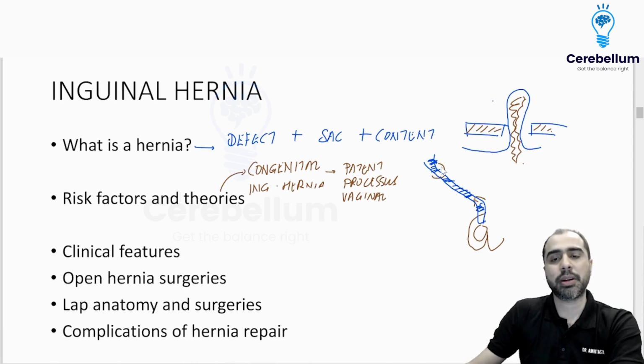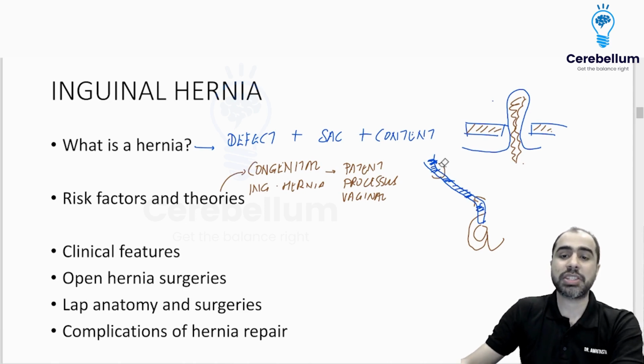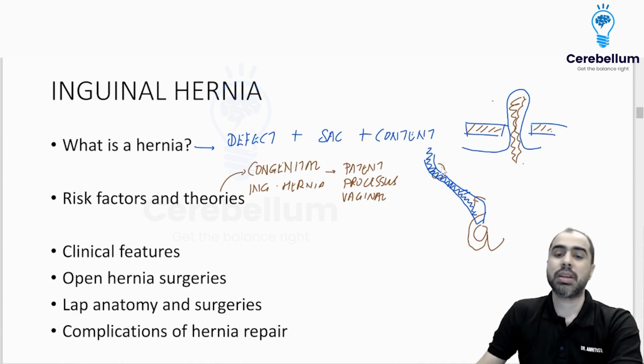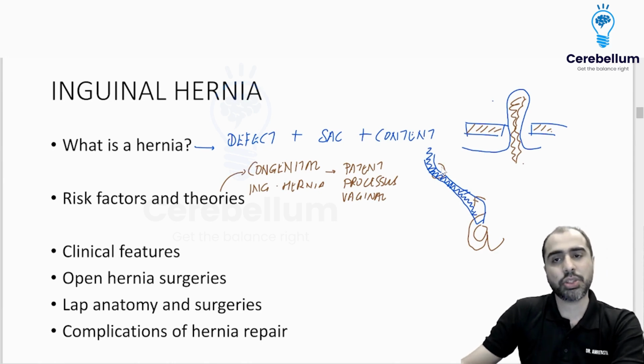If the processus vaginalis doesn't obliterate, then there is a natural defect, that is the deep ring. There is a sac, which is this peritoneum or the processus vaginalis, and some intra-abdominal contents can come into the sac. This is a congenital inguinal hernia. So congenital inguinal hernia is due to patent processus vaginalis.